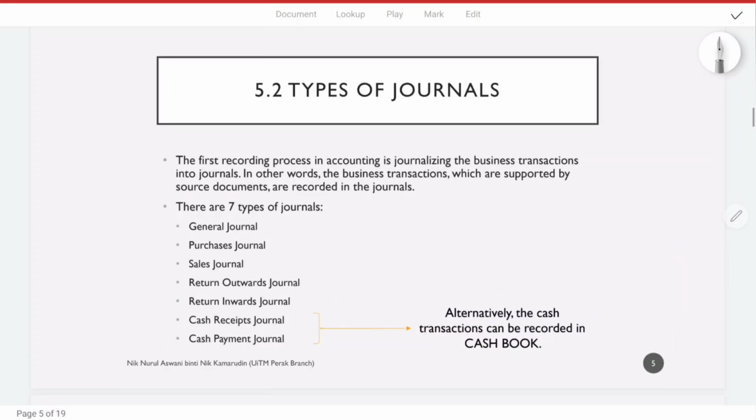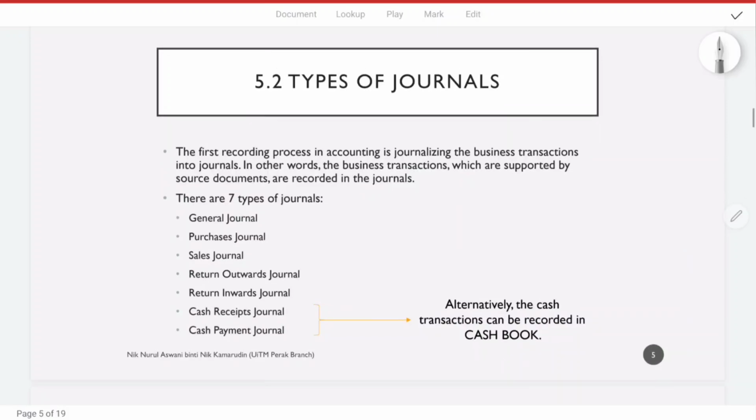After you identify and classify the source document, the next step is to record. The first record for the business transaction is in the journal. However, you may come across a note or a lecture that mentions that the journal is no longer in use.